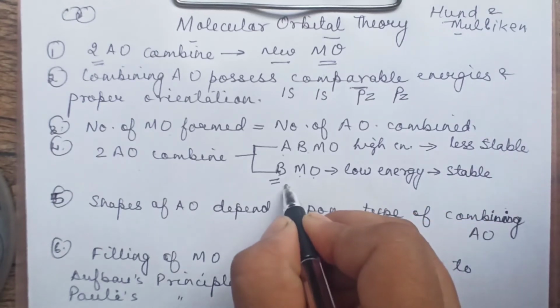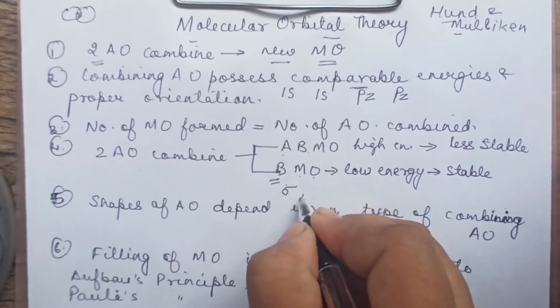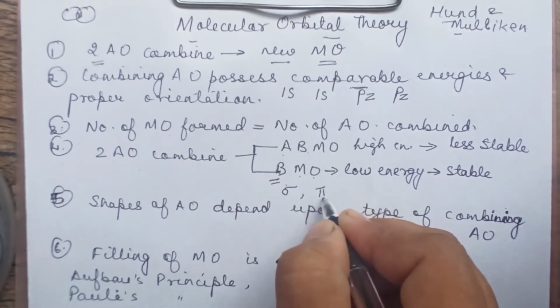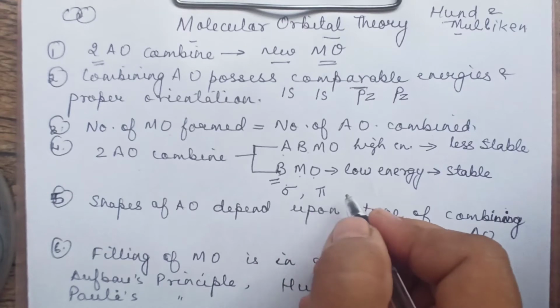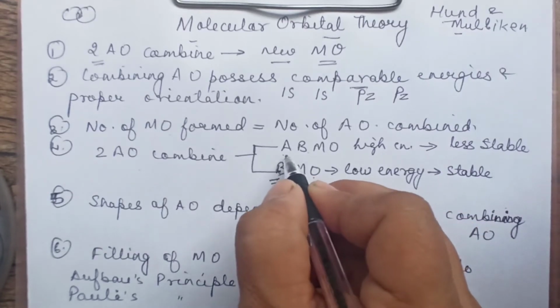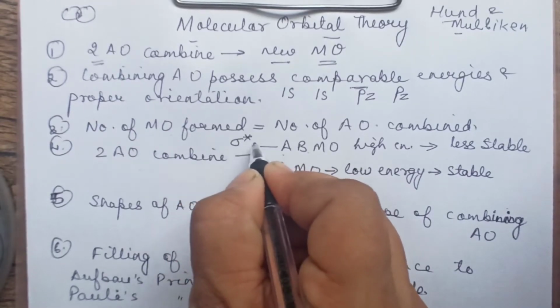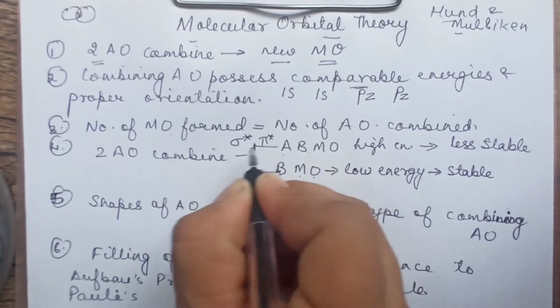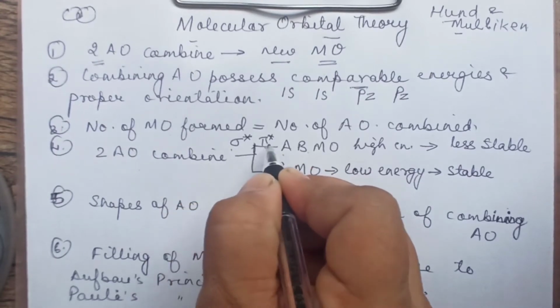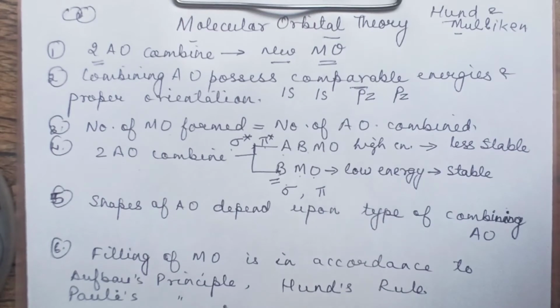We represent bonding molecular orbitals with the symbols sigma and pi. We'll be mainly talking about sigma and pi. You have delta also, but we'll be talking about these two only. Anti-bonding molecular orbitals are represented as sigma star and pi star. So we write a star for representing the anti-bonding molecular orbitals.